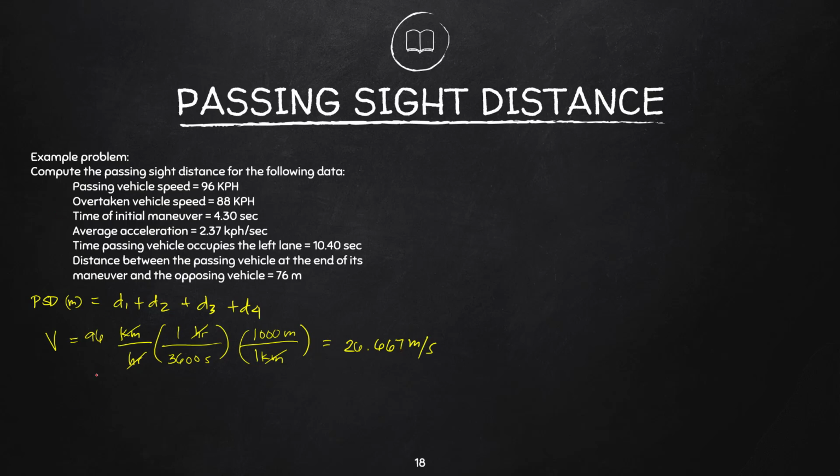And the overtaken vehicle speed, let's just call this one V sub past. So this is 88 kilometers per hour.